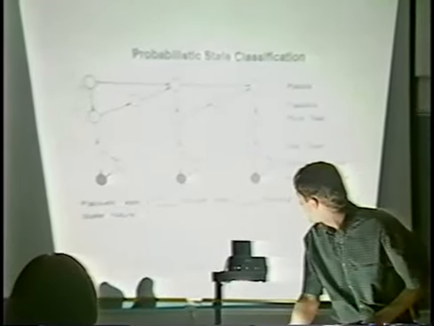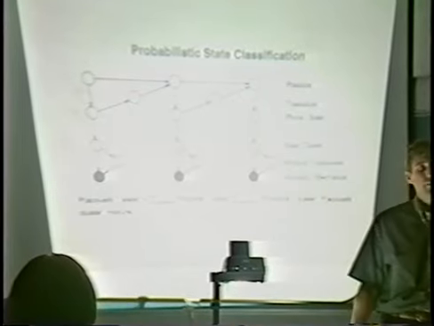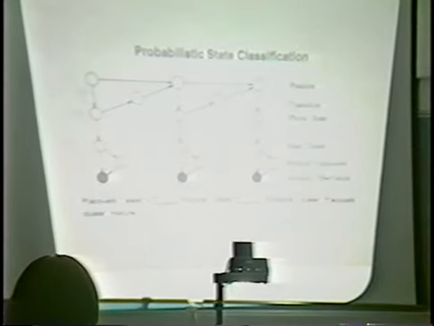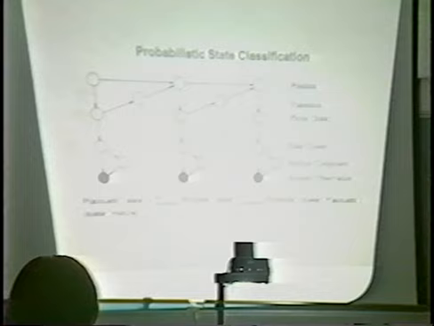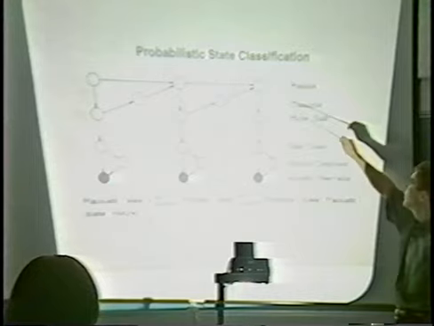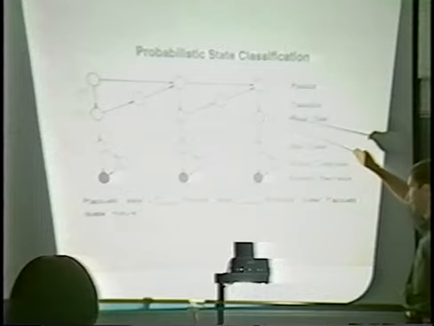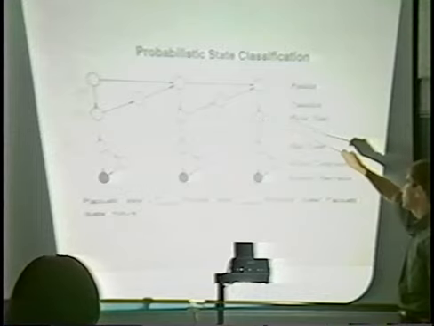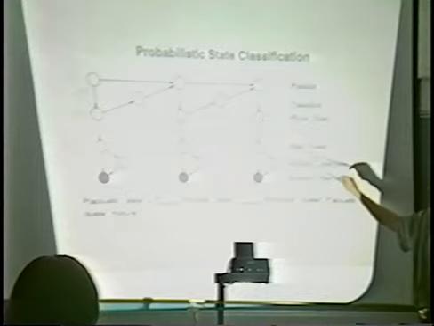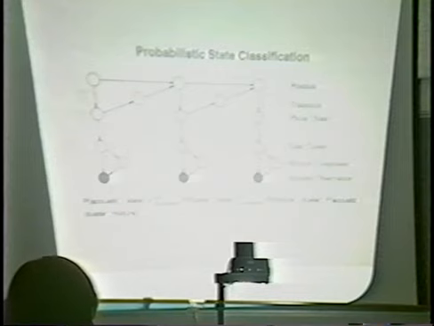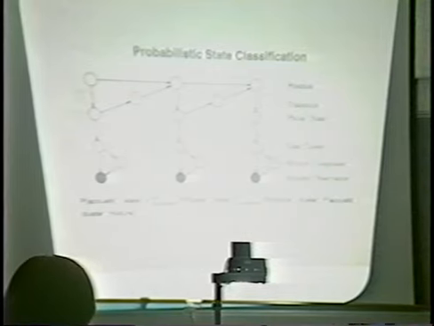A more conventional kind of extension to HMMs that you can capture, developed here at Johns Hopkins, is probabilistic state classification. The idea here is that on top of the basic HMM superstructure, you say, well, phones or states can actually map into cluster values. And the cluster that a state maps to is not going to be a deterministic thing.